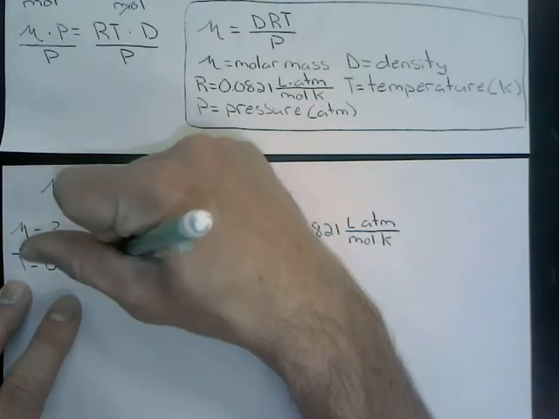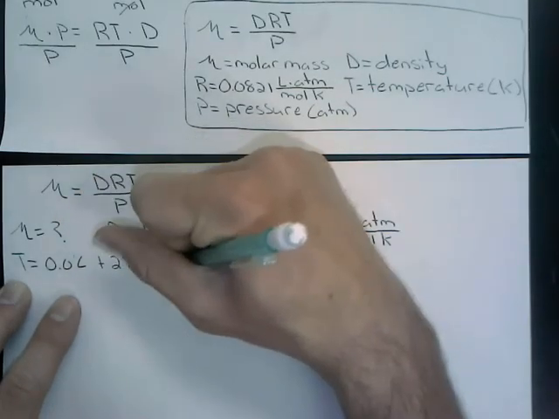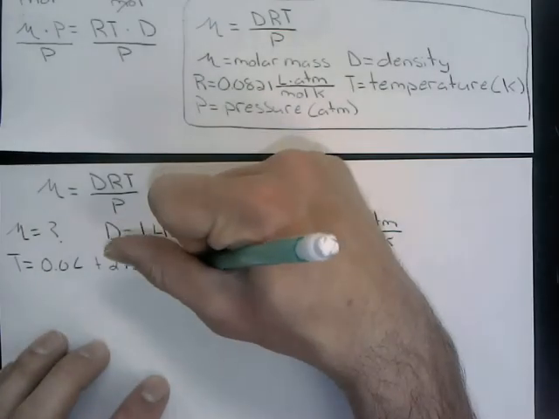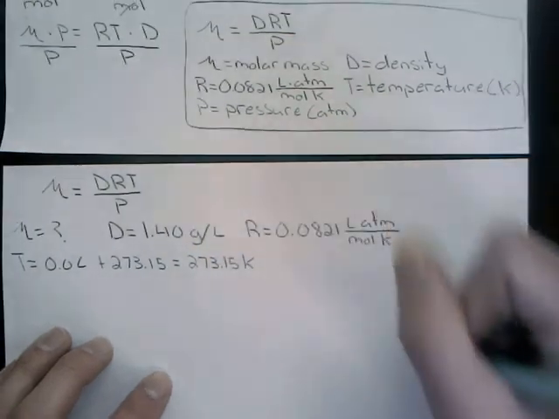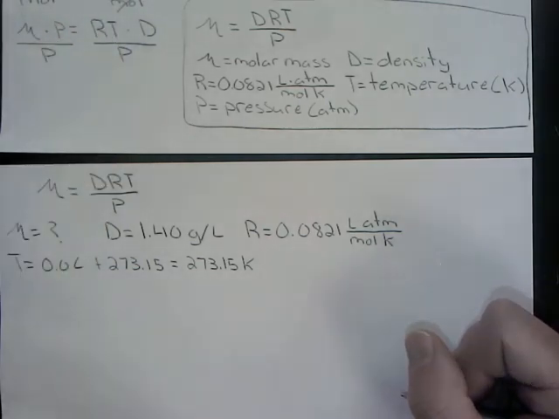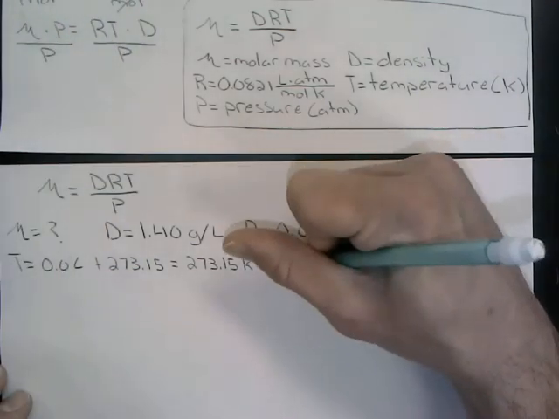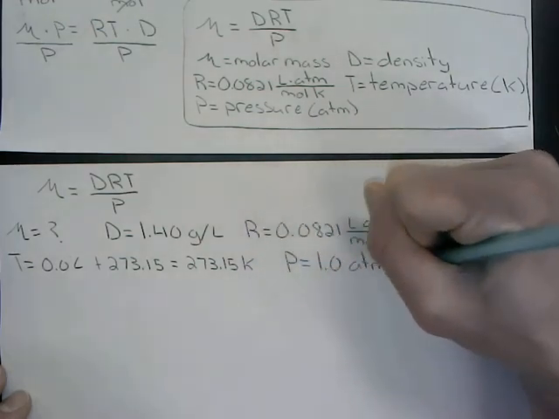So what we have to do is add 273.15 to that number, which is pretty easy. 0 plus 273.15 is 273.15 K for Kelvin. And then our pressure for standard pressure, if you read that problem above, is 1 atmosphere. So pressure is 1 atmosphere.